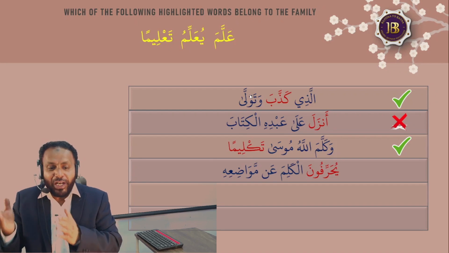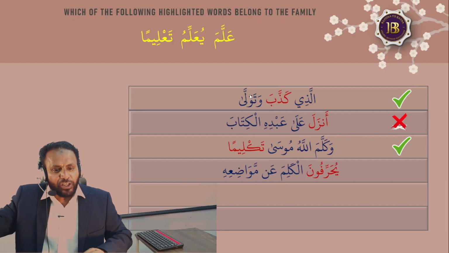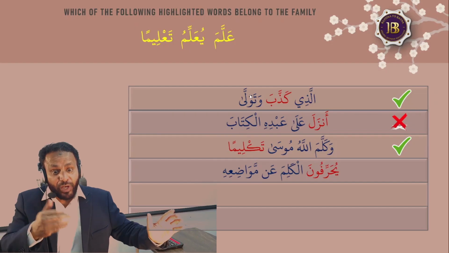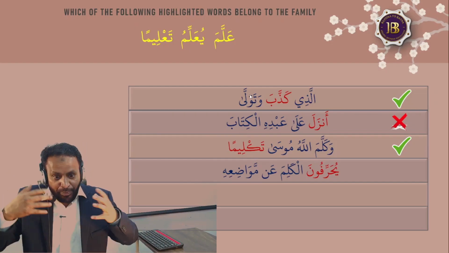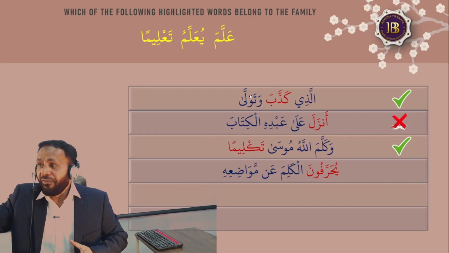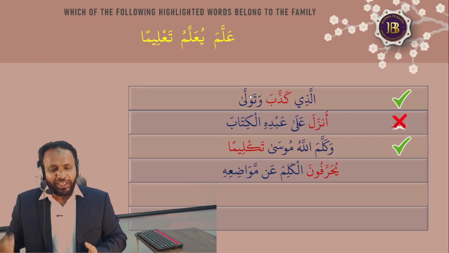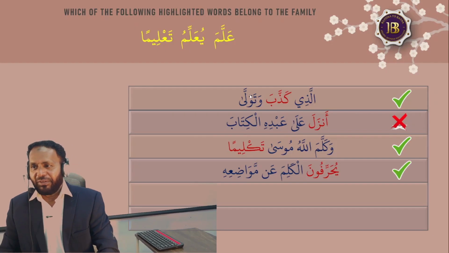But if I make yuallimu plural, it will also become yuallimuna. When I made the whole table, there was yuallimu, yuallimani, yuallimuna, which means yuallimuna is a member. Even though we are looking at only the representative, we have to match with all the members. So yuharrifuna, if I make it singular, it will be yuharrifu. That is like yuallimu. So you have to go to that length also. So yes, this is a member of that family.